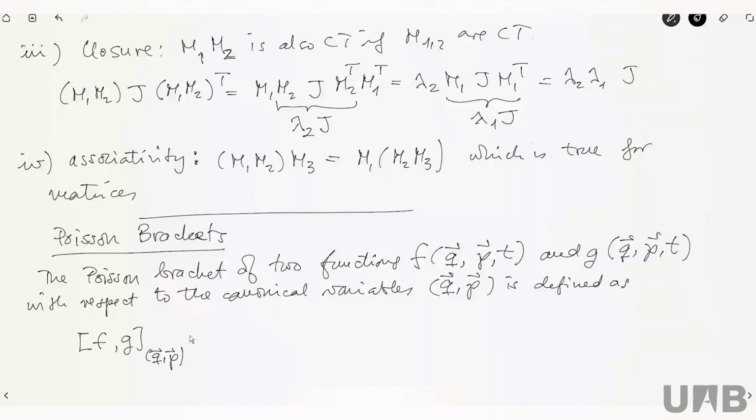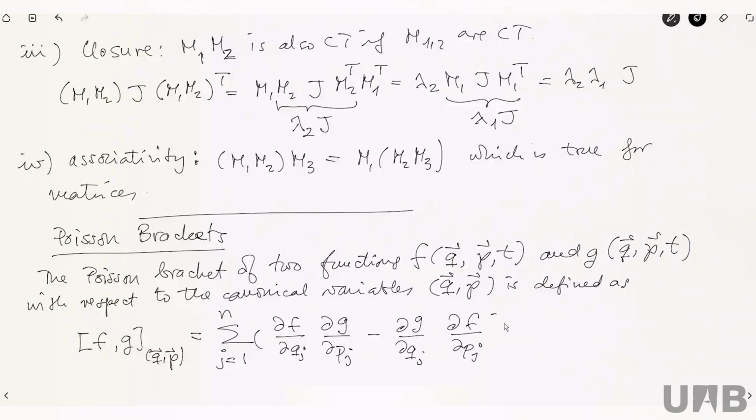is the sum from j equals 1 up to N, all the variables, of partial of F with respect to Qj, partial of G with respect to Pj, minus partial of G with respect to Qj, partial of F with respect to Pj.